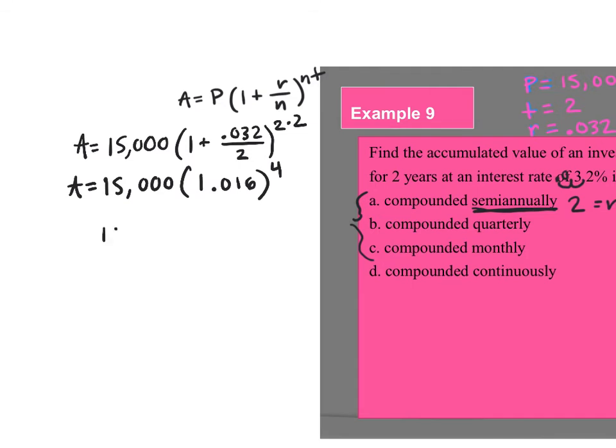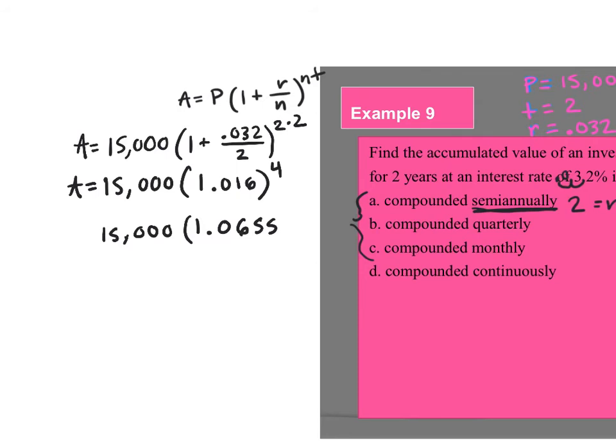Okay, so it would be 1.0655. It's always best to leave what you're doing in your calculator because then you're going to get a more precise answer.